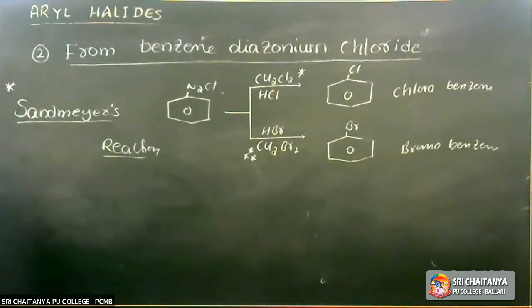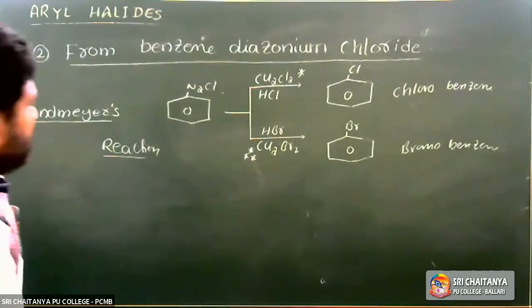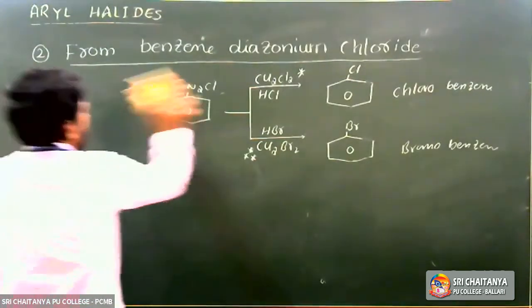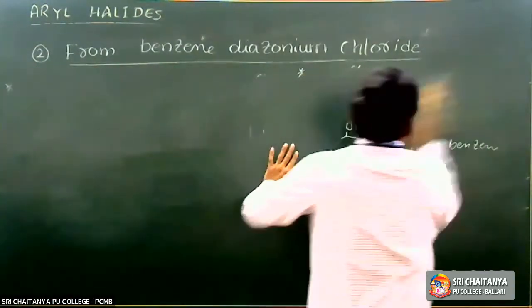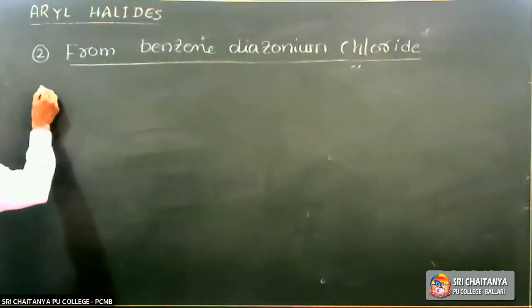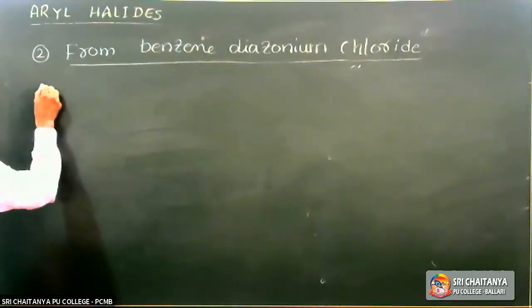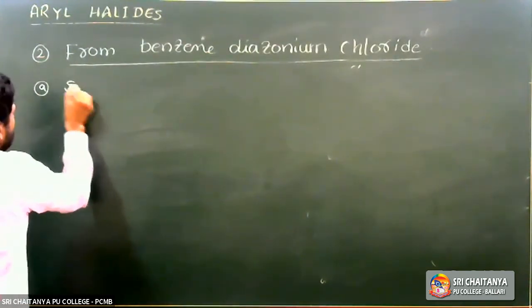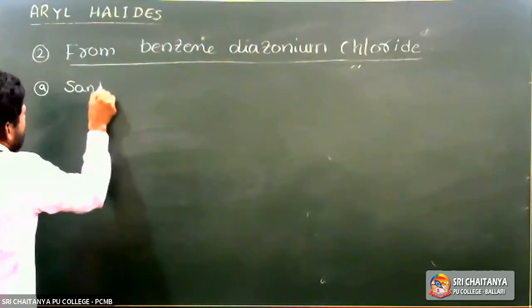Okay, now next, suppose the same benzene diazonium chloride, okay, so from benzene diazonium chloride, it is the named reaction. So what is the name of this reaction? Sandmeyer's reaction.